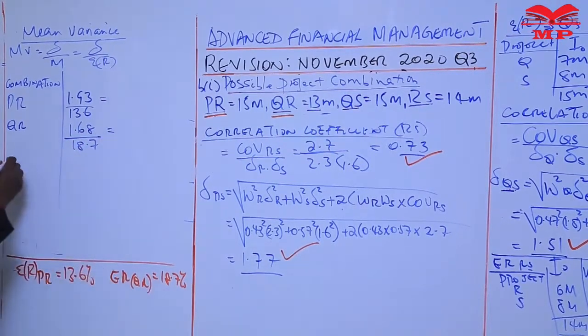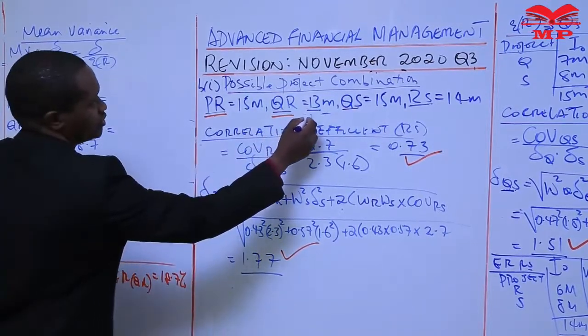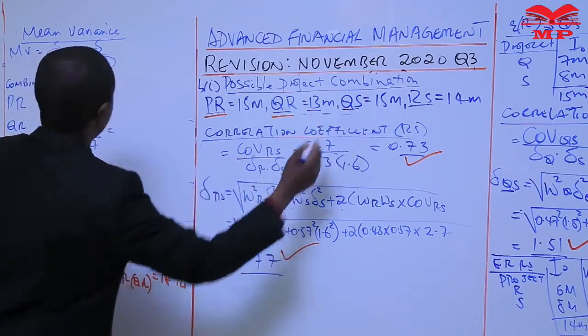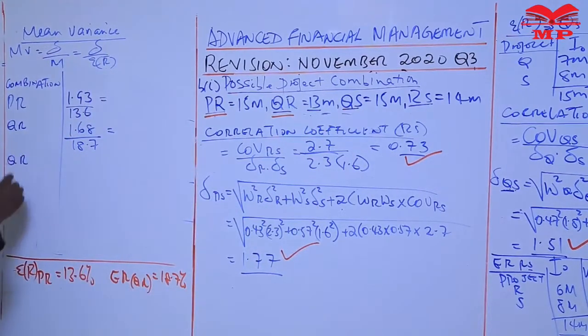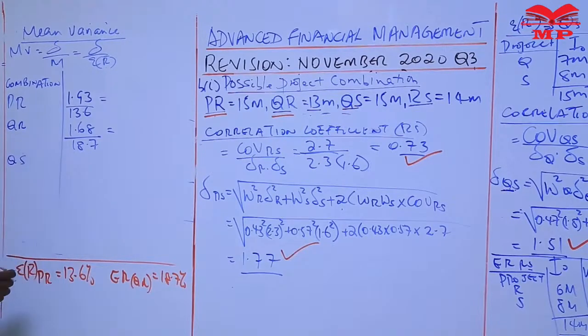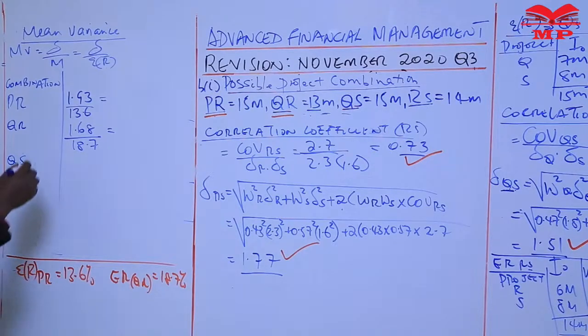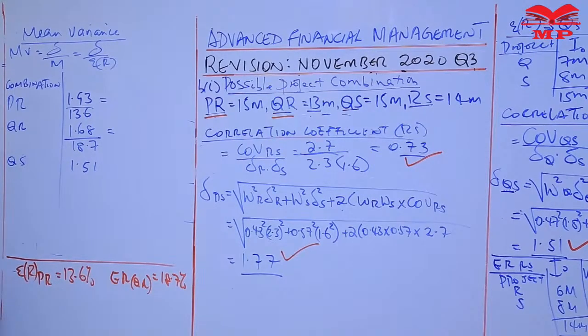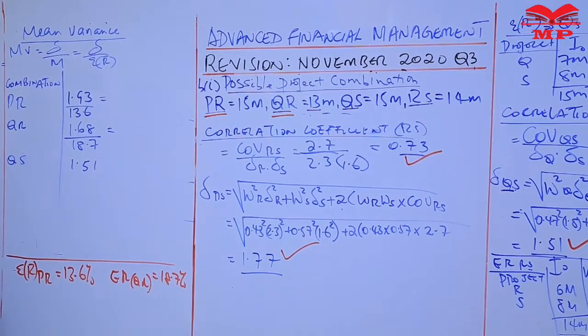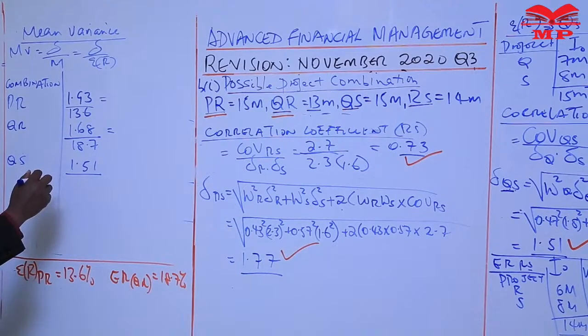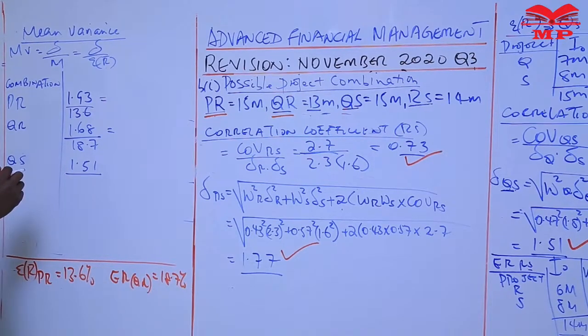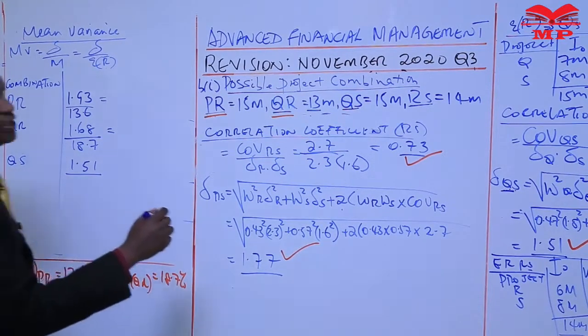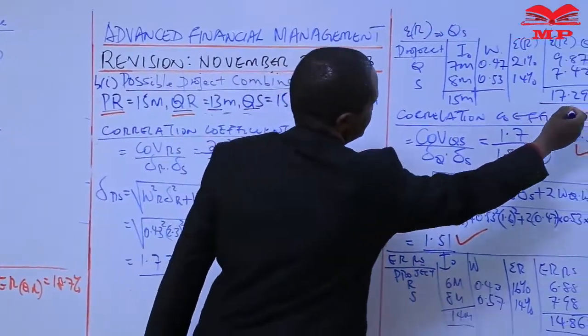Then the next combination is QS. The standard deviation for combination QS is 1.51, divided by the expected return for QS, which we calculated as 17.29.